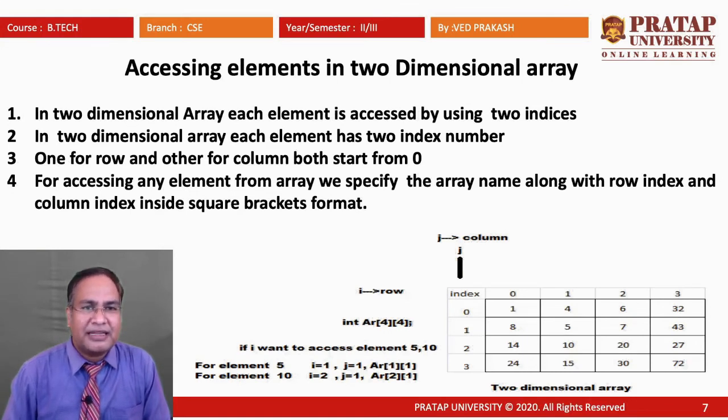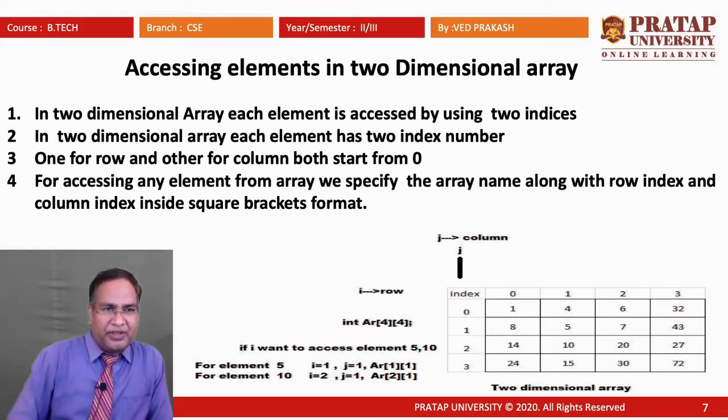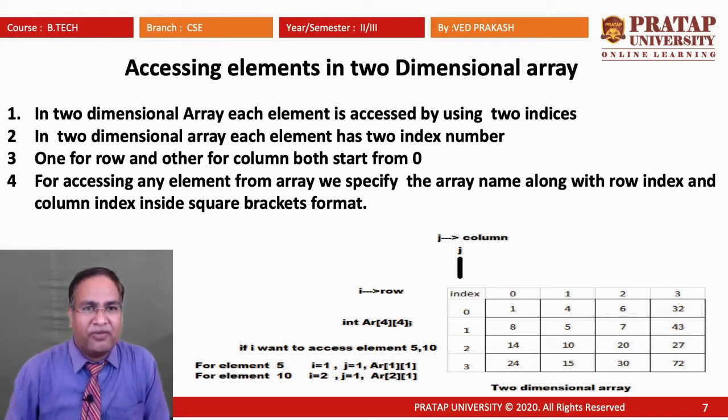Next topic is accessing elements in a two-dimensional array. Basically, accessing means getting each element one by one from the two-dimensional array. In a two-dimensional array, each element is accessed by using two indexes.